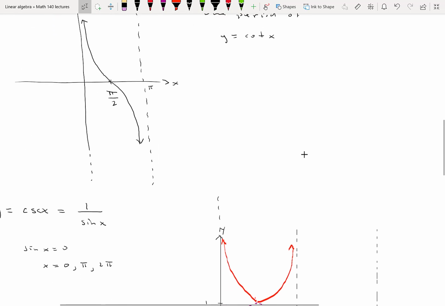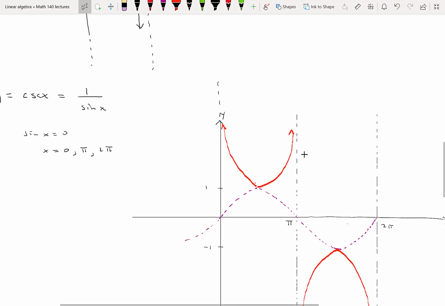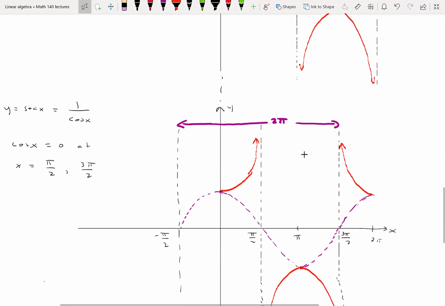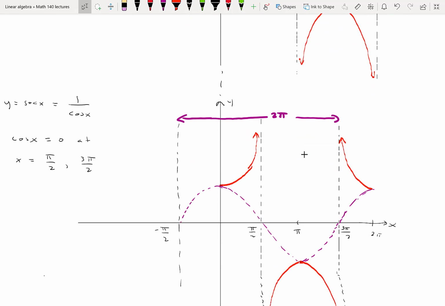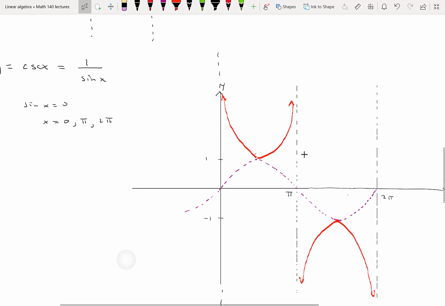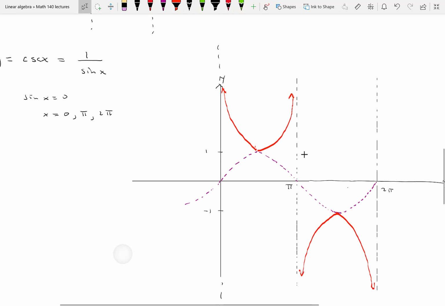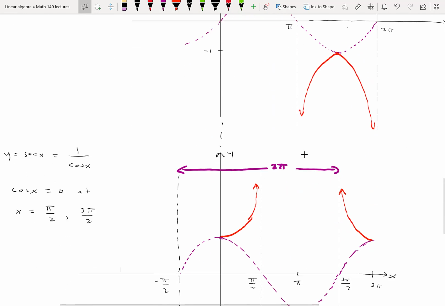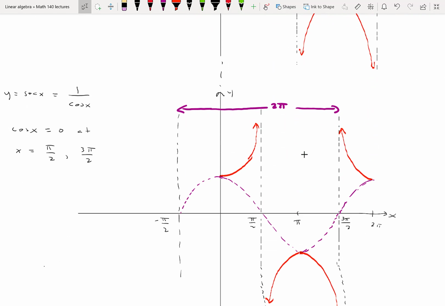Then we have the two oddball functions, the cosecant between 0 and 2 pi, one cup up, one cup down. The first cup is hugging the y-axis, and we also have the secant, one cup up, one cup down, but it's shifted. It's like taking the graph of the cosecant, the one you're looking at now, and shifting it to the left by pi over 2. Okay.